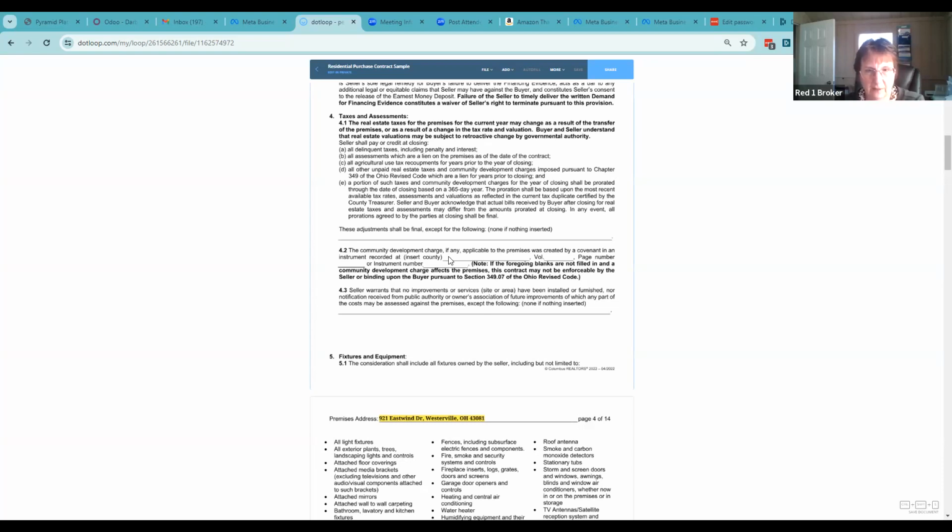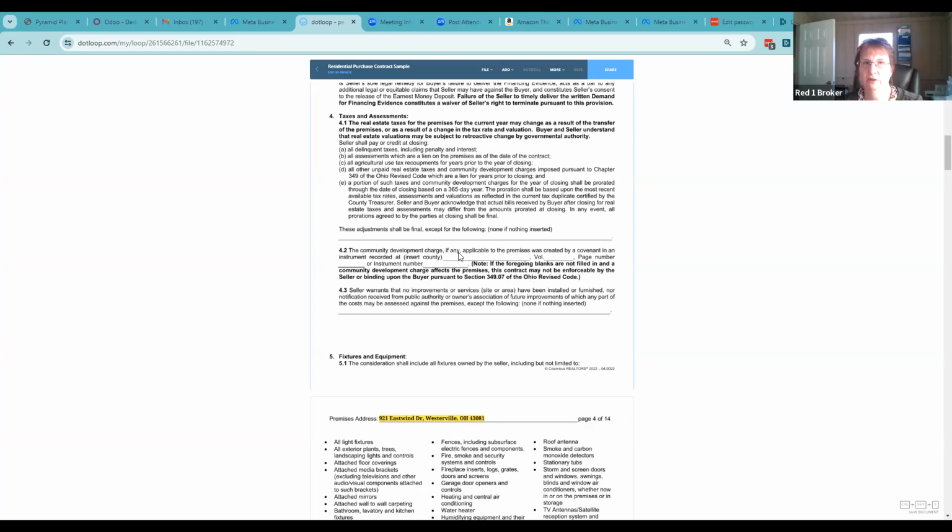You'll see on here that if the seller doesn't cough up the information about the community development charge and it is found during a title search, then if the foregoing blanks are not filled in and a development charge is found, the contract may not be enforceable by the seller or binding upon the buyer.